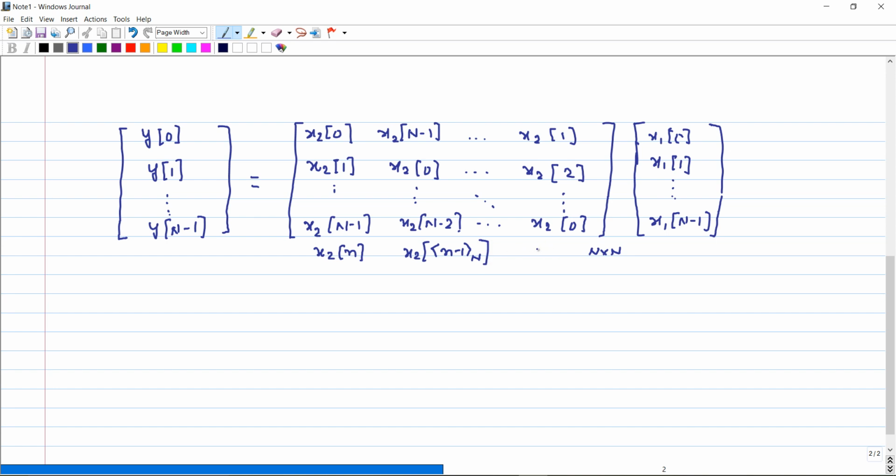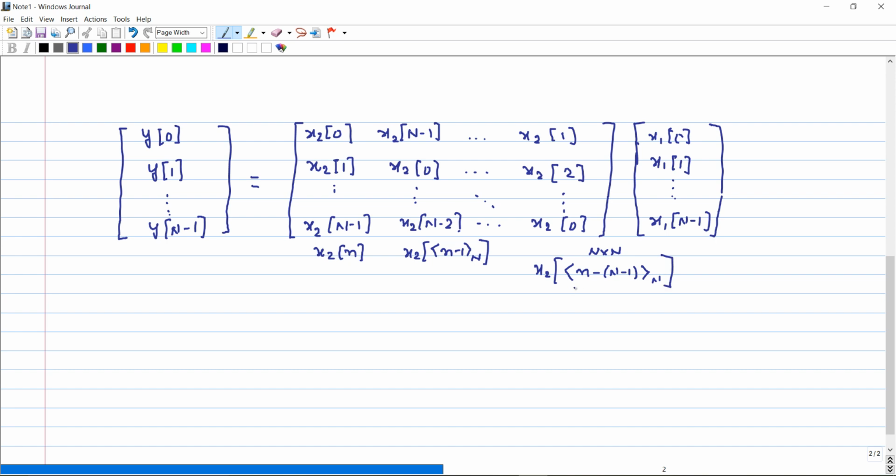So similarly, this fellow would be our x2 of n, now we give n minus 1 shifts, and hence this last column would be x2 of n, but it is shifted by n minus 1 units.